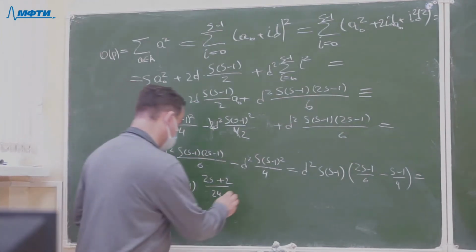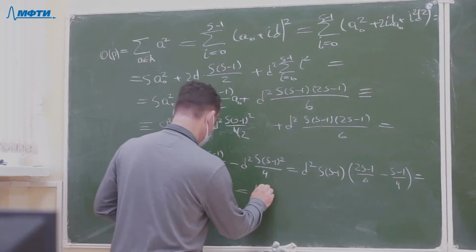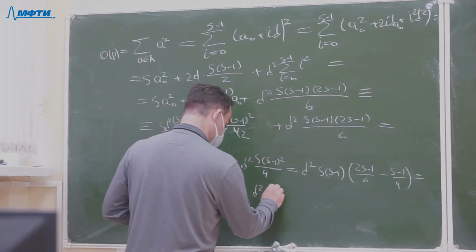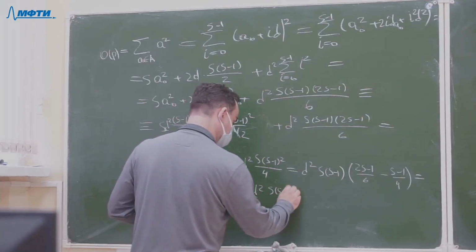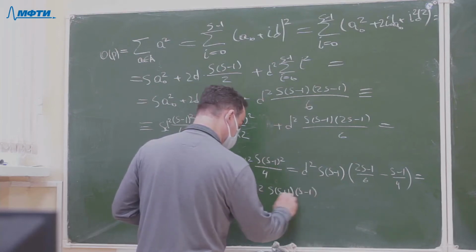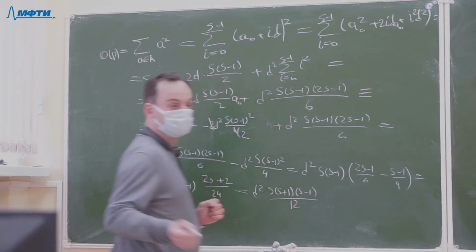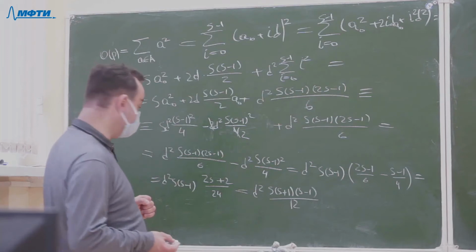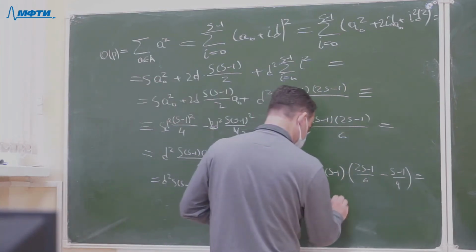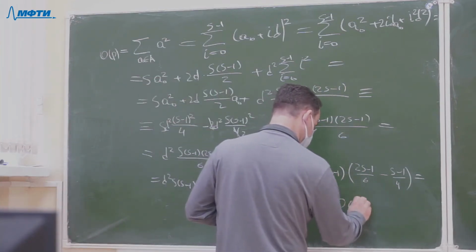So, well, this is d square by S minus 1, S plus 1 by S minus 1 by 12. So this is 0 modulo p.